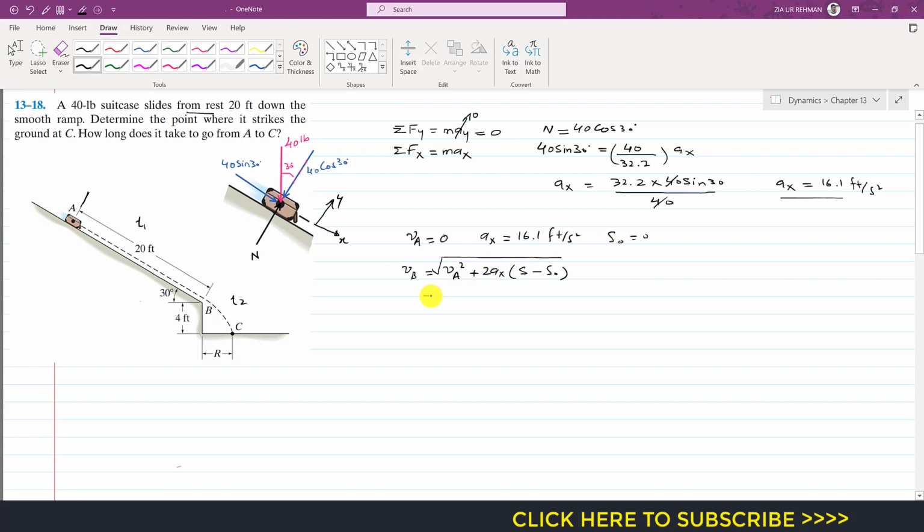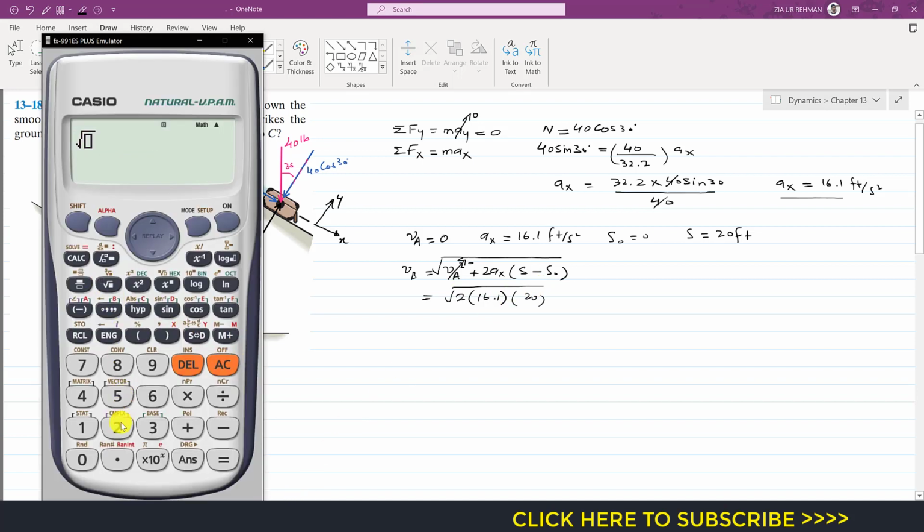So now the velocity at point B will be equal to, Va is 0, so this will become 0, and we will be left with 2 Ax, which is 16.1, and s, the total distance traveled, is 20 feet, right. Initial position is 0, so 20 minus 0 will be 20.